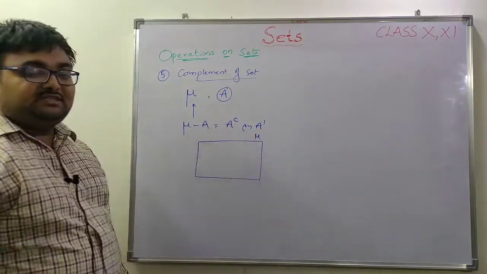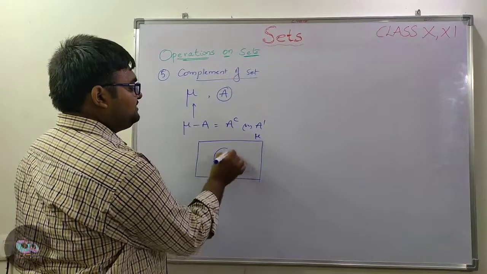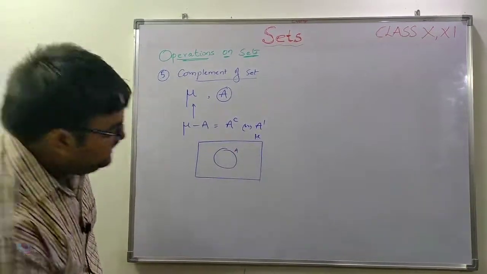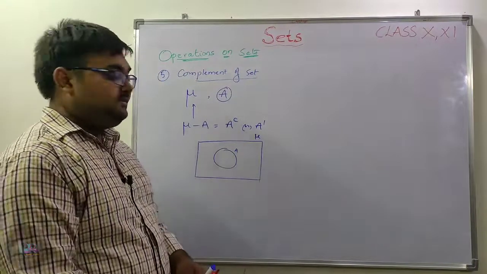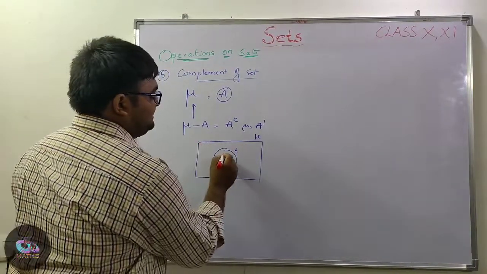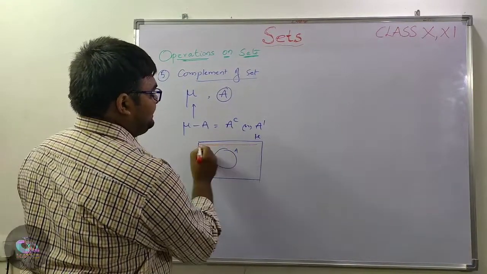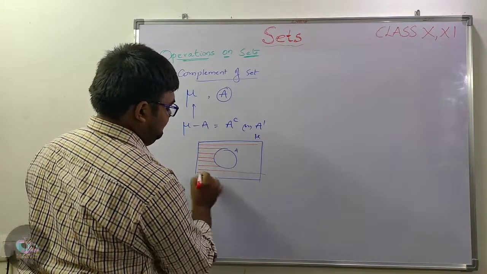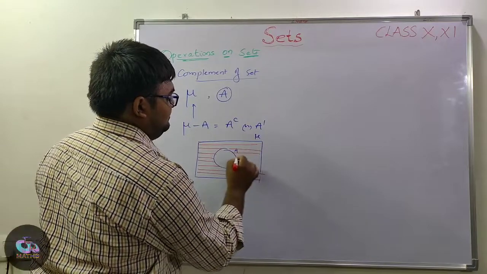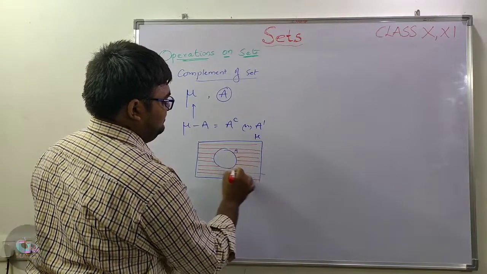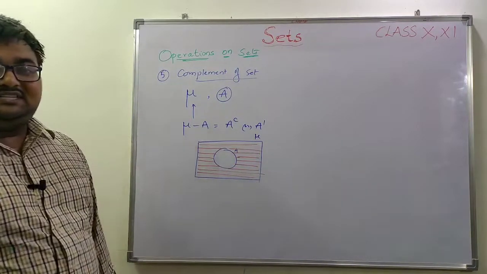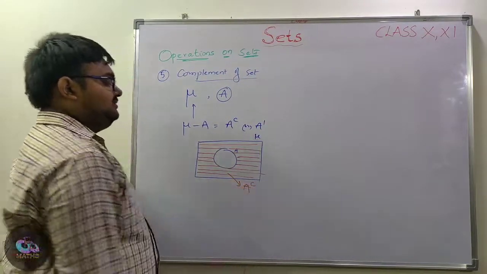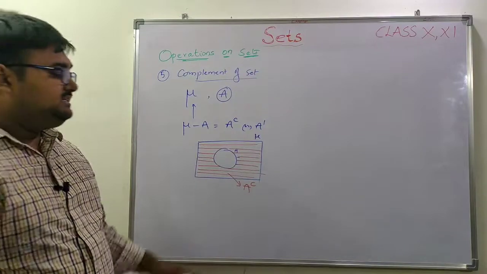So this is the universal set and there is a particular set A, and then the part other than A. This particular shaded part is called A complement.